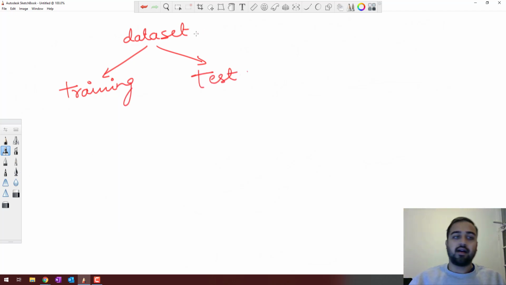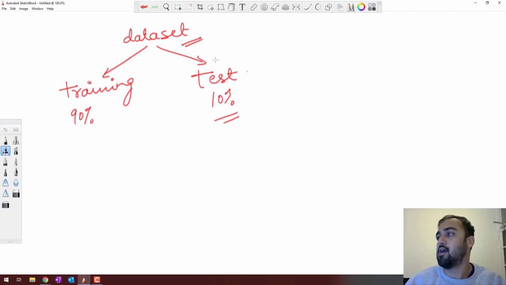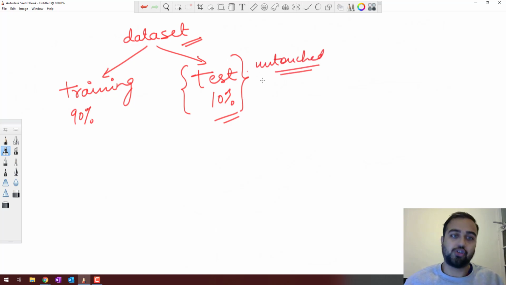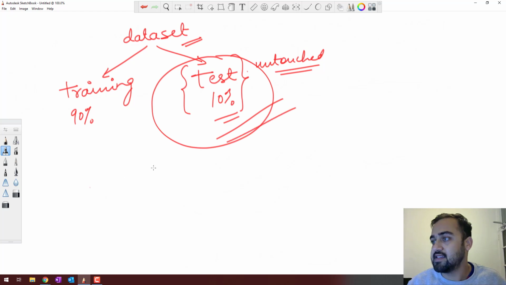So generally, as a good practice, if you have a data set, you generally divide it into 90 and 10, where this 10% of data is untouched till we're sure of the model that we have built, the hyperparameters that we have calculated, and we have the final working model, and we use this test data to test its performance, right? That is where the testing accuracy and all comes in, right?